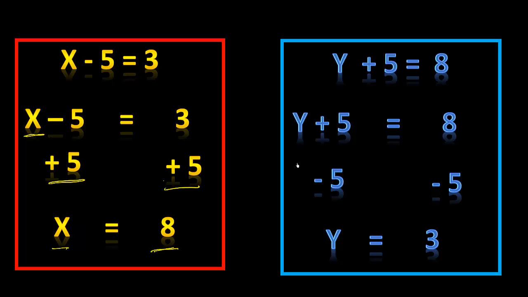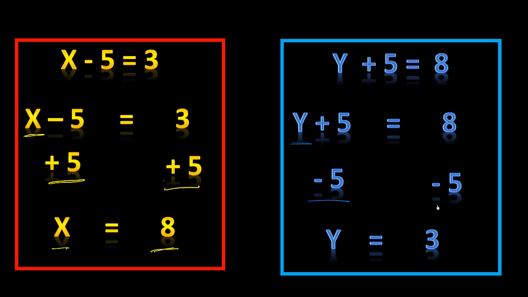Looks like our next example is related to addition. So as we know, the first step would be that we're gonna have to make y all by itself. How would we do that? We're gonna have to take away 5 from it. Y plus 5 minus 5.